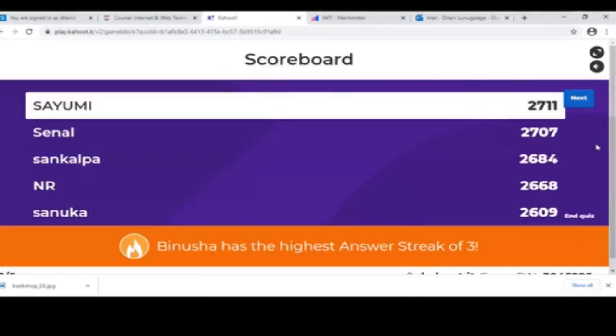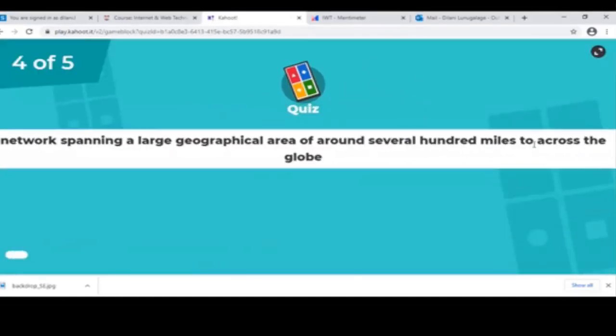Let's see who won this time. Wow, great. That is Sayumi. Now she's leading. Great. Yes, girl power. Come on. Fourth question.